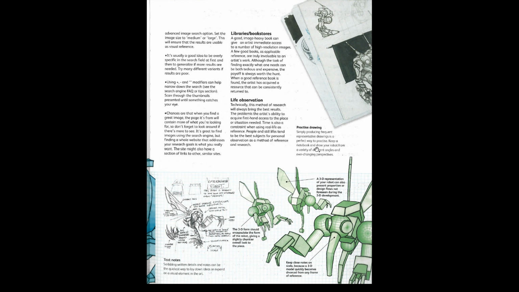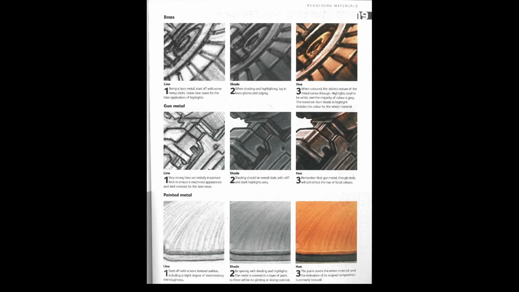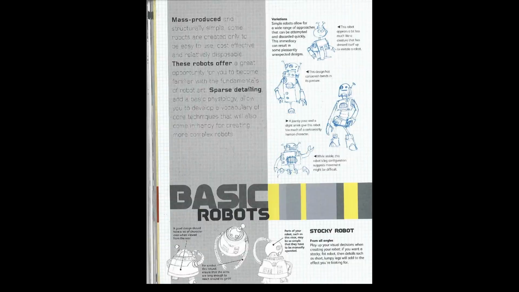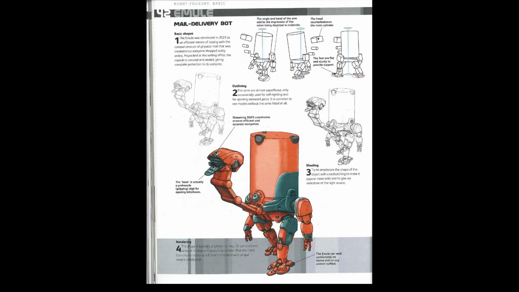If I carry on browsing through this book, you can see here again that the artist starts off with very basic primitive shapes, and then from that starts layering detail on it.